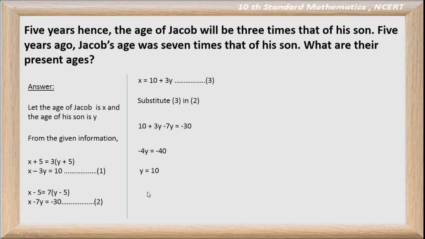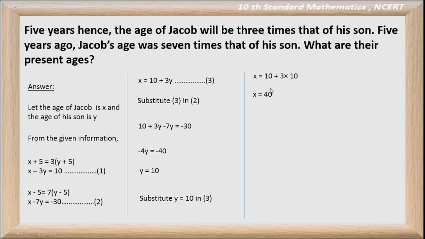Now we have to find the age of Jacob. Substitute y equal to 10 in equation 3. x equals 10 plus 3y. In place of y we give 10. Now x equals 10 plus 3 into 10.